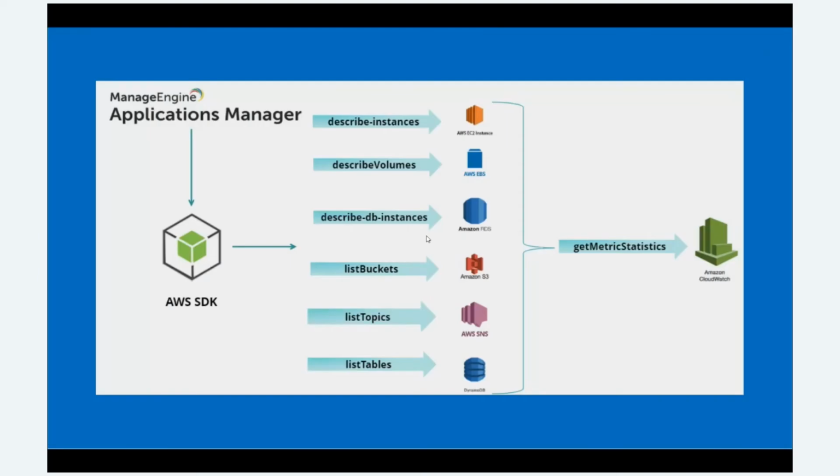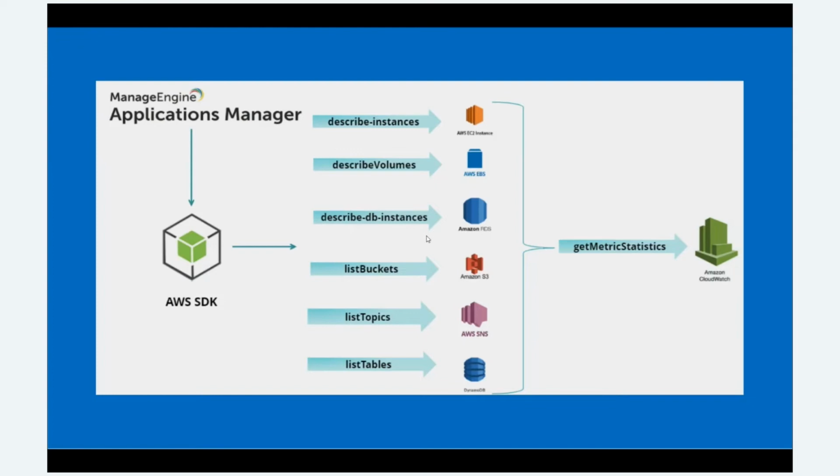So to collect the Amazon Web Services information, we hit the CloudWatch API, and a specific IAM user ID and key is required. Basically, you could provide a user with administrative privileges.